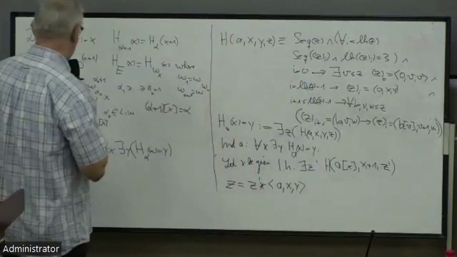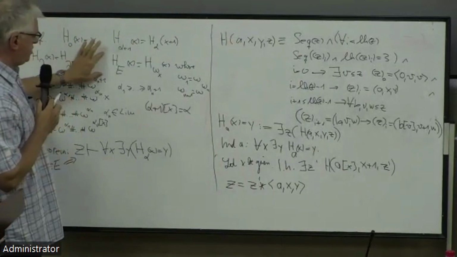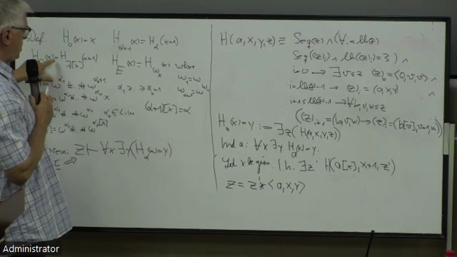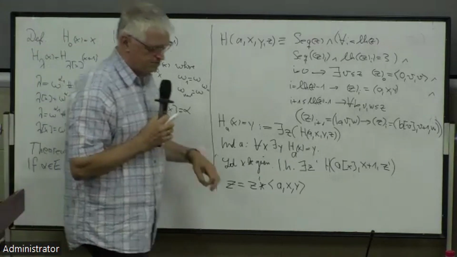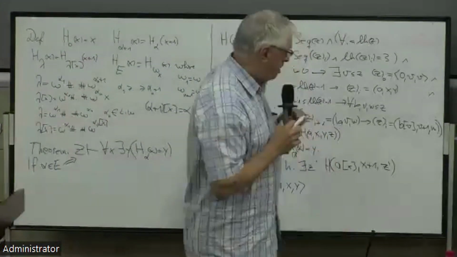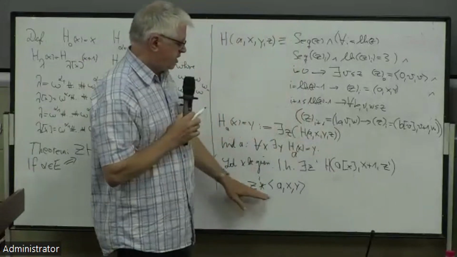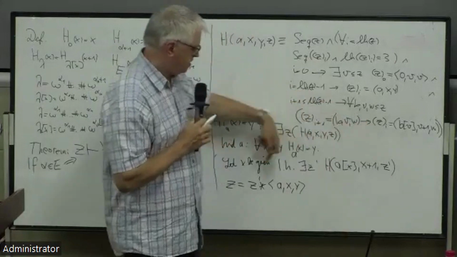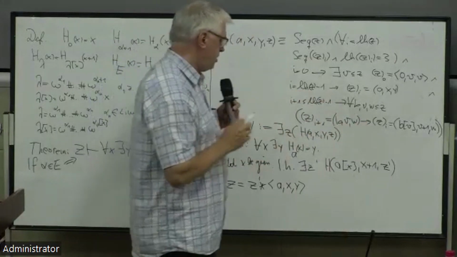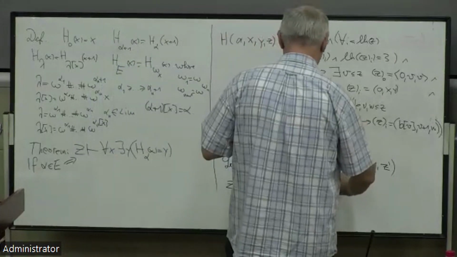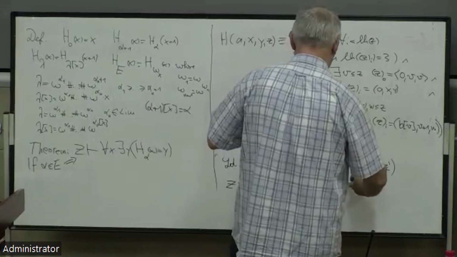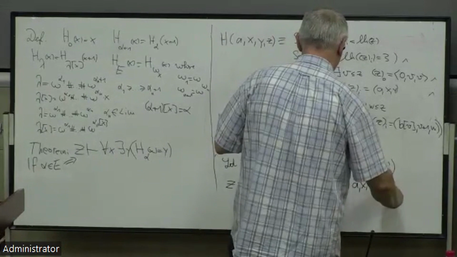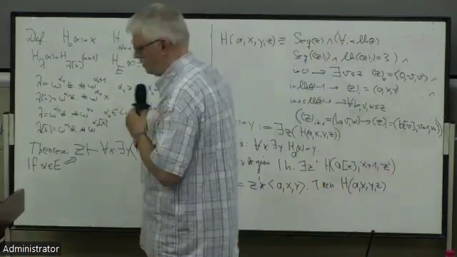I have a calculation tree for this element here, and now I make it one longer to obtain a computation tree for this value. Now, one can verify that z has this property, and then we have h a of x, y, and z. And that is what we have to prove.